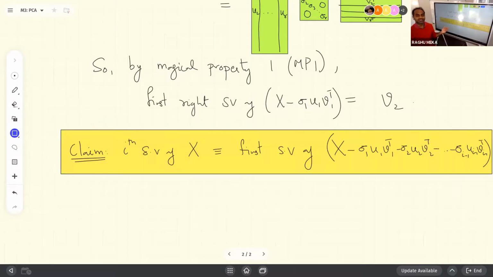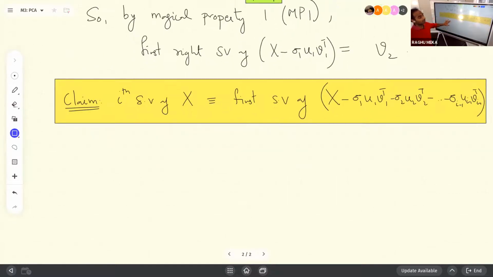So what this means is that there is a greedy strategy to compute all the singular vectors.